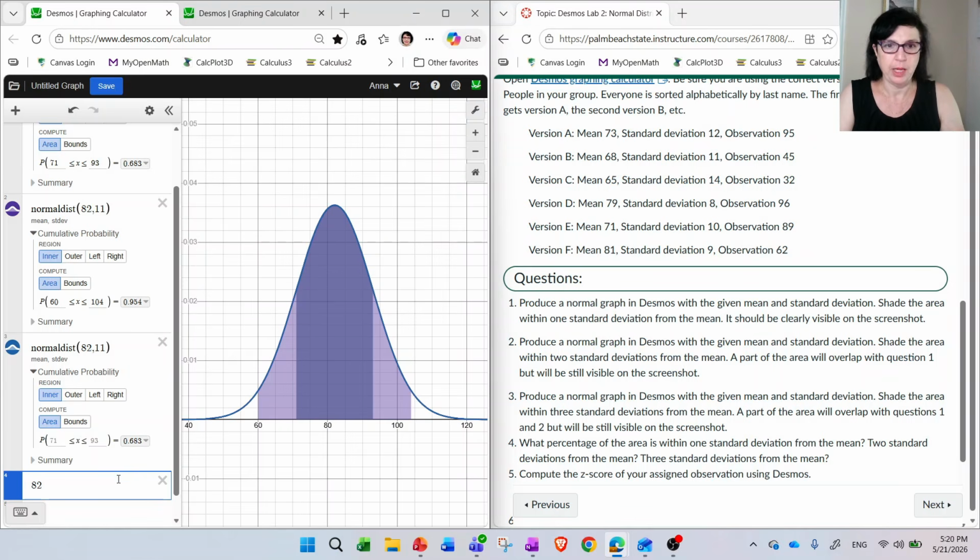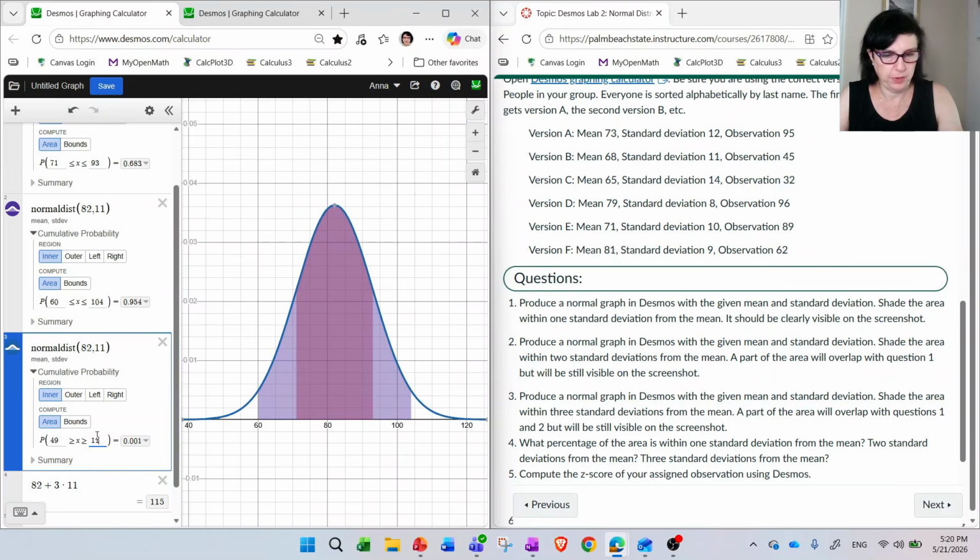Start with the mean, subtract 3 multiplied by 11, the standard deviation. That's 49. Then you do exactly the same thing, but add. So that'll be 115. So you can see how the darker area is the one standard deviation inside, then you have 2, and then you have 3, pretty much covering almost the whole plot.